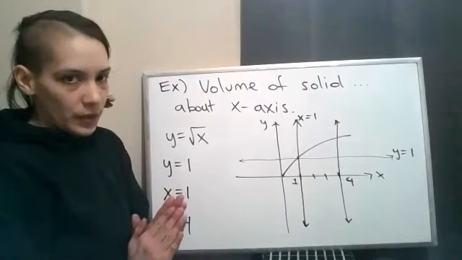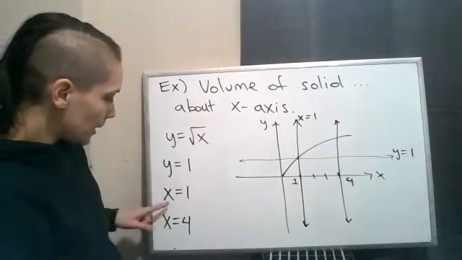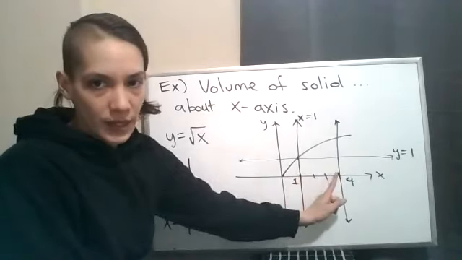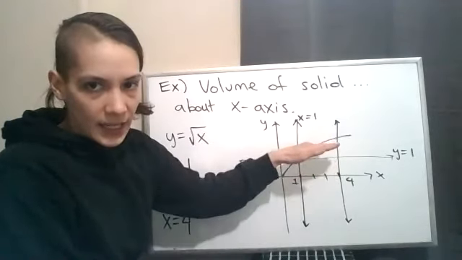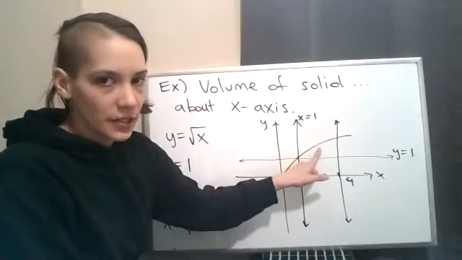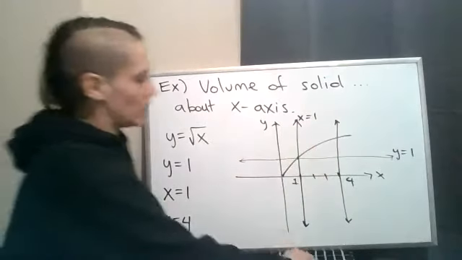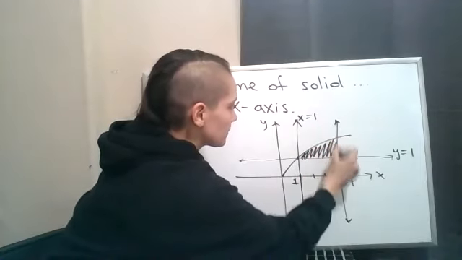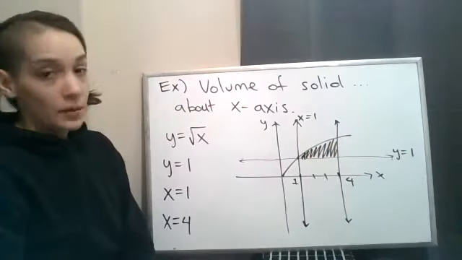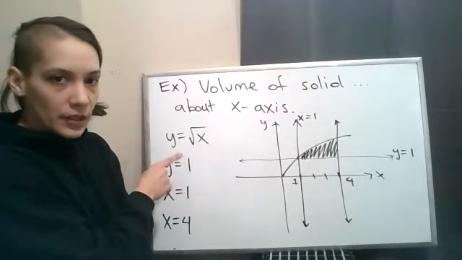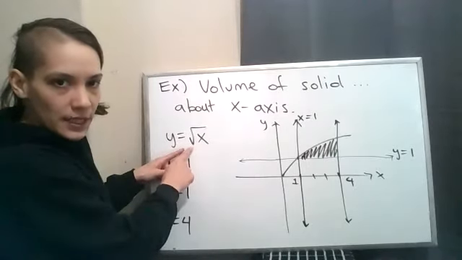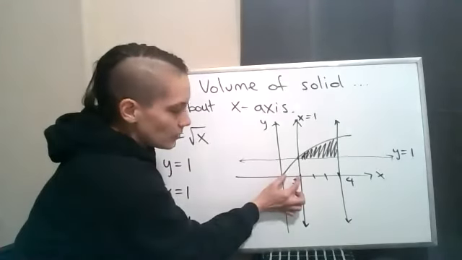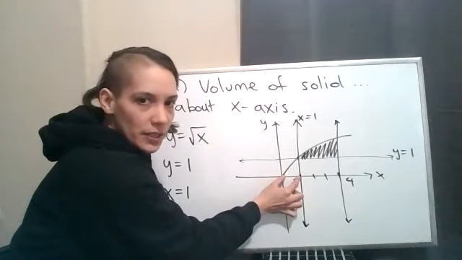So what we're doing is between x equal to 1 and x equal to 4, and then that line and that function there. So we're doing this section. I picked a similar piece of this problem, but shifted the x values over to right here. So be careful with your picture.